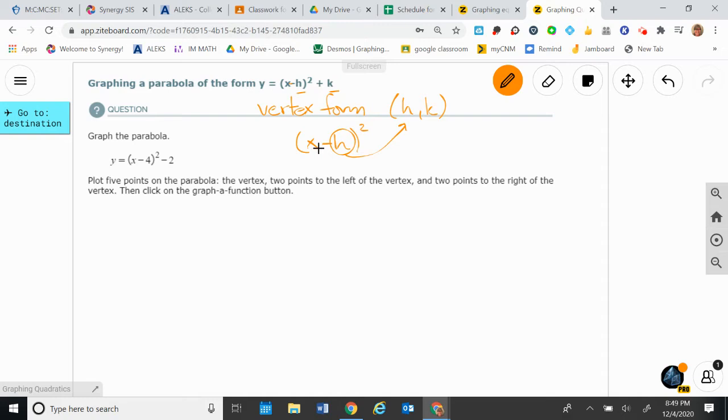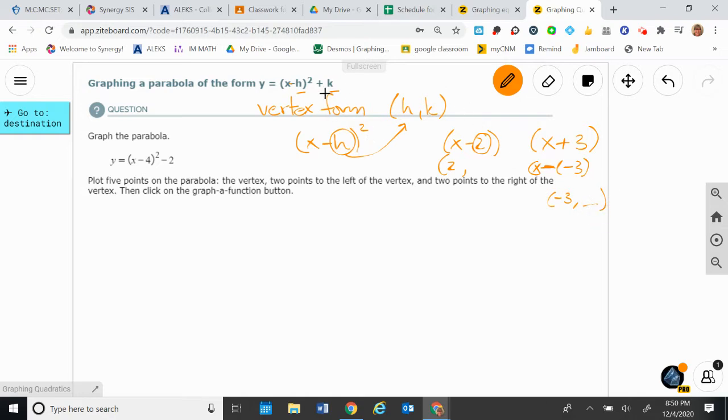The minus sign needs to be there. So if it says x minus 2, the h is actually 2. If it says x plus 3, that's basically x minus -3, because we need the minus for the formula. So that one would be -3.